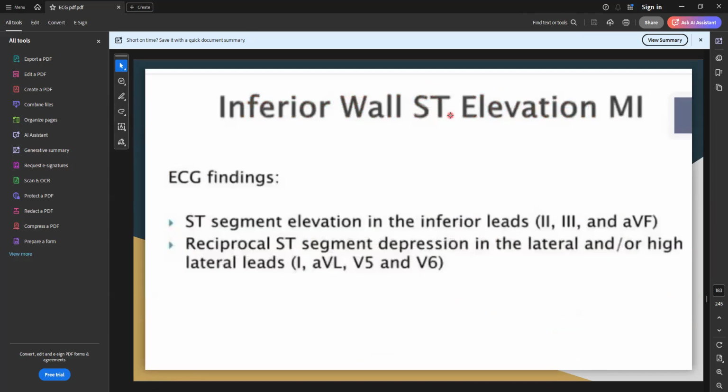Coming to the inferior wall STEMI, what are the ECG findings you will see? I have already told you that in inferior wall MI, the ST segment elevation will be seen in lead 2, lead 3 and AVF, and the reciprocal ST segment depression is seen in the lateral leads, that is lead 1, AVL and V5 to V6.